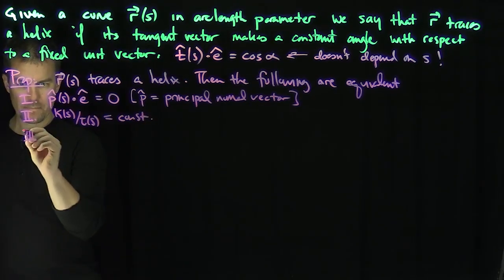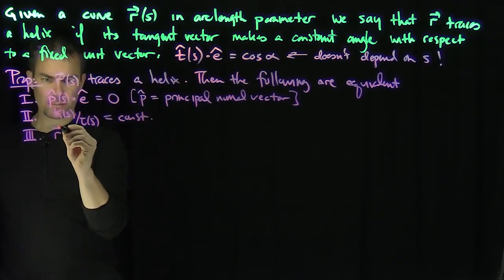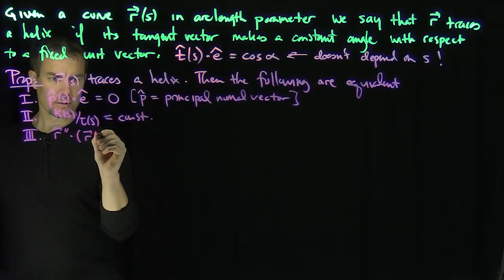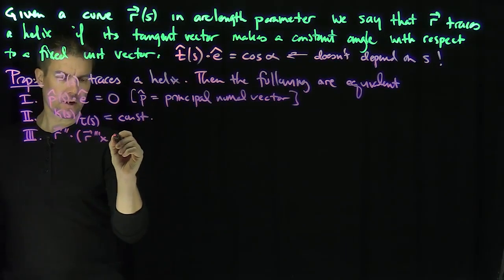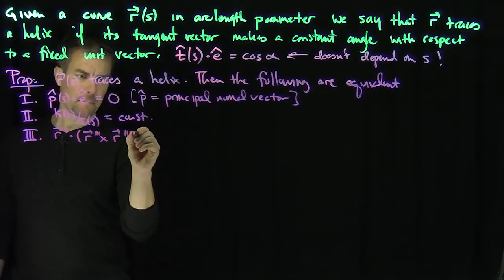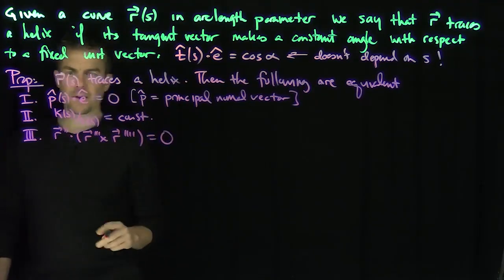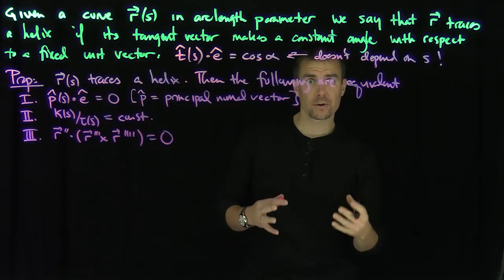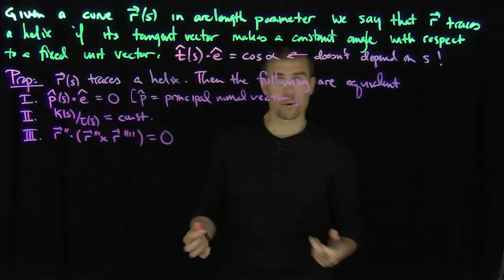And three is if I look at the triple scalar product of r double prime, r triple prime, r quadruple prime, I get 0. Okay, so all three of these conditions are equivalent to being a helix. Any one of these things will characterize being a helical curve in R3, okay?